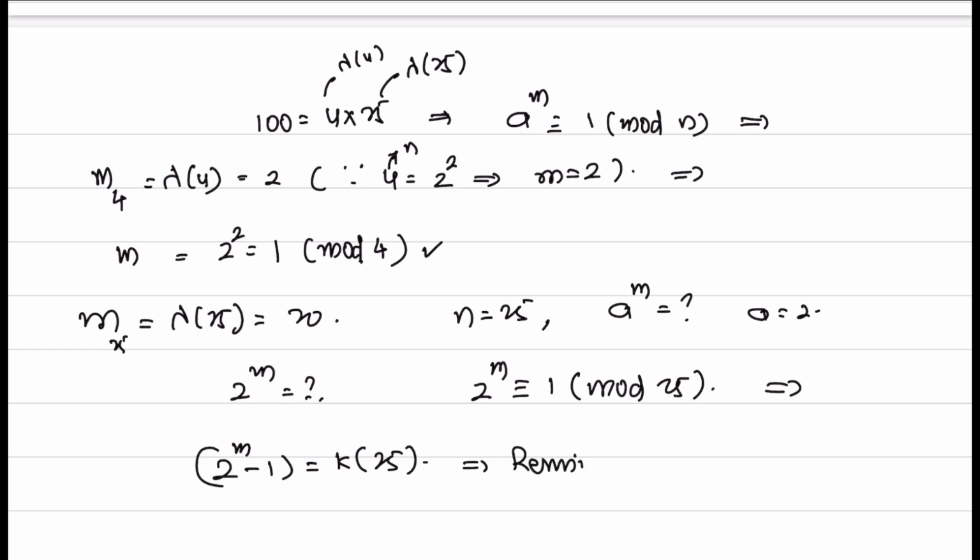Now let us try to write all the values of 2 to the power of 1 by 1. 2 to the power of 1 is equal to 2. It cannot be divided by 25 and give a remainder of 1. No. 2 to the power of 2 is equal to 4. It cannot be divided by 25.